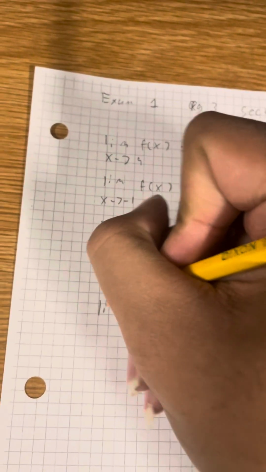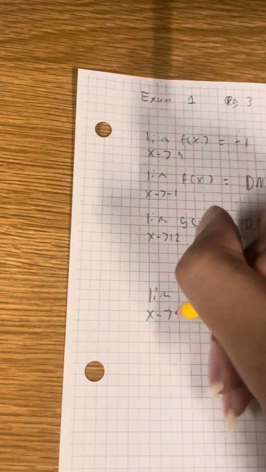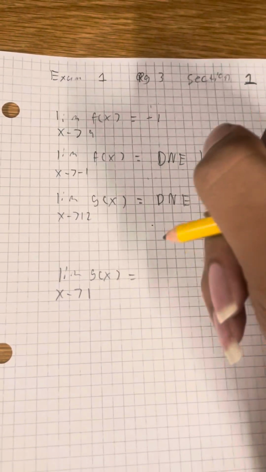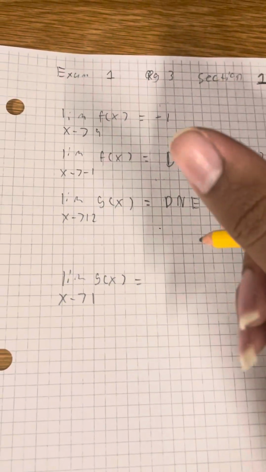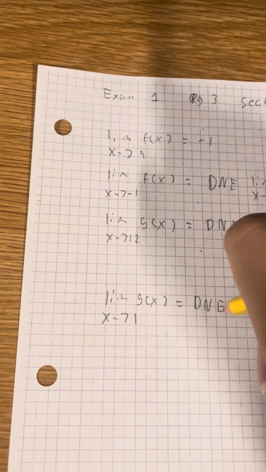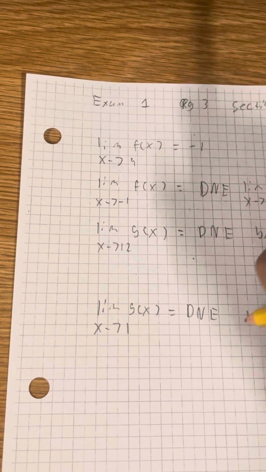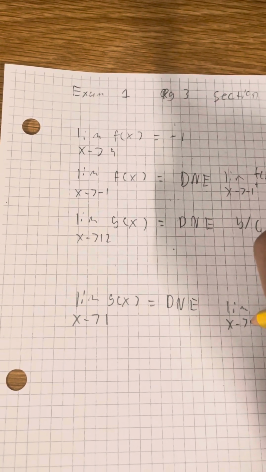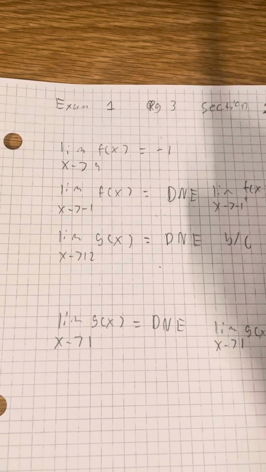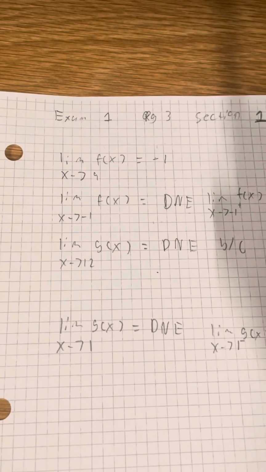Now let's continue on. Limit of x approaching 1, g of x does not exist. Because if we check again, from the left, it's -1.